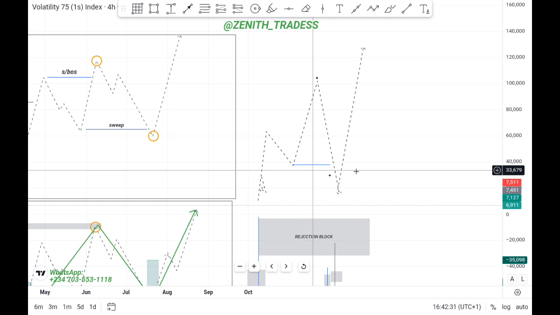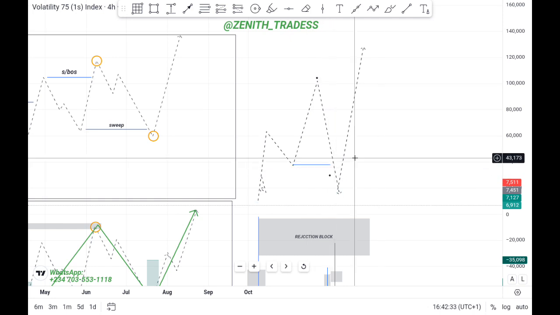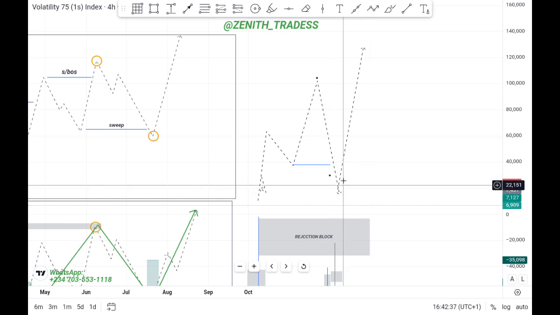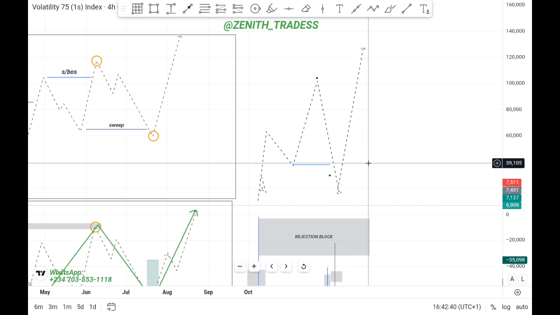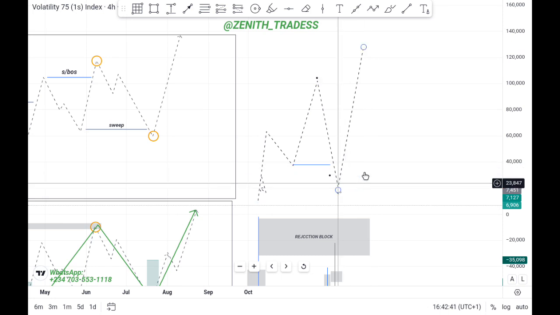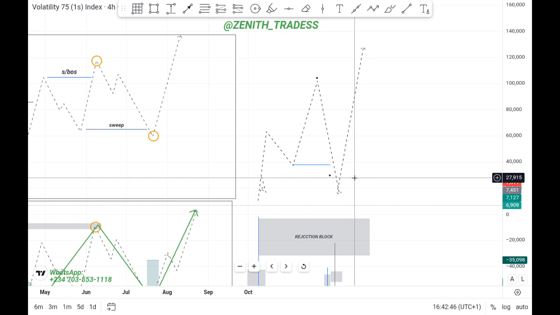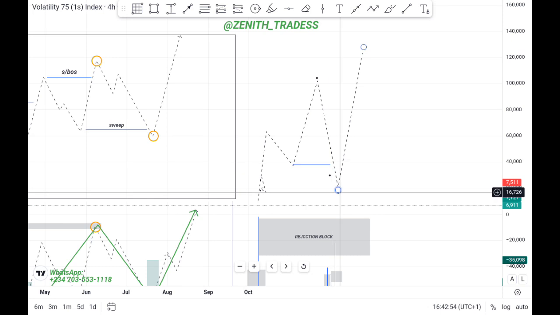They won't just sweep and you enter. No, the CLT will give you a confirmation. The CLT is a confluence to give you a confirmation to enter, and also our reclaim block will also give you a confirmation. A reclaim block will in most attempts give you an inverse fair value gap here, or BPR, a balanced price range. We have not got to that. When we go to PDRs, we are going to understand it better. So both techniques we are using as entry must give you confirmation.